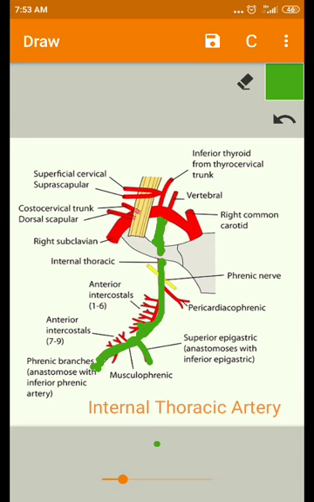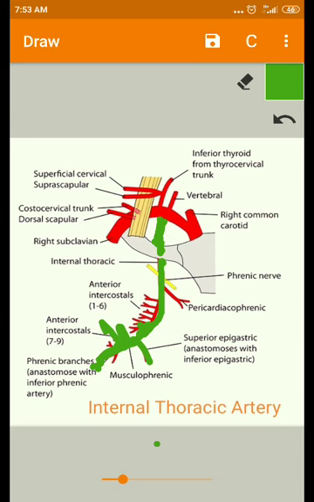Out of these, one artery lies nearer to the lower margin of the upper rib, and another artery will lie nearer to the upper border of the lower rib. And these arteries will anastomose with the posterior intercostal arteries, which are coming from the thoracic aorta.